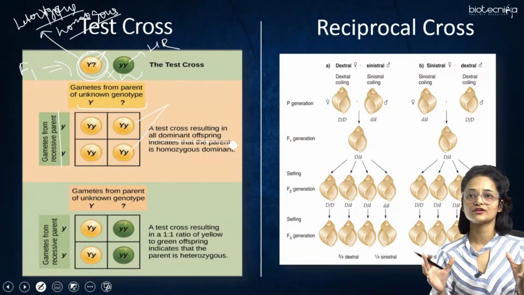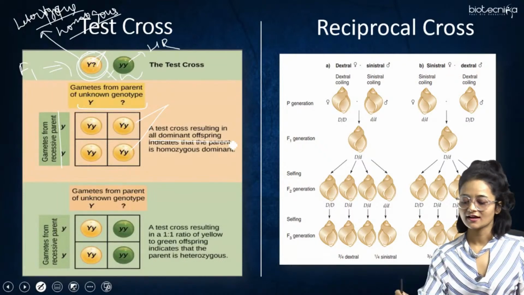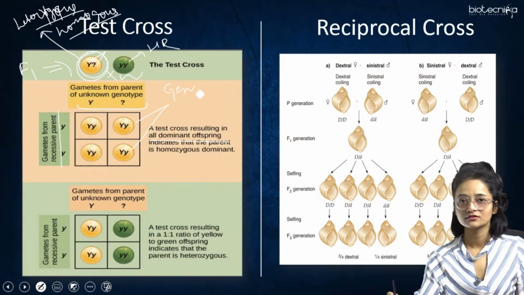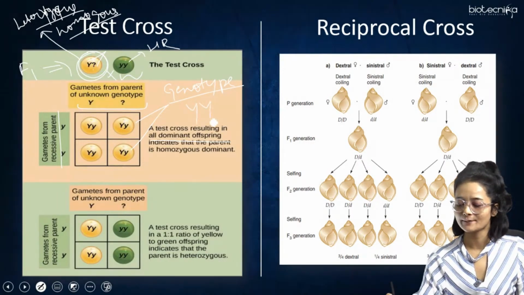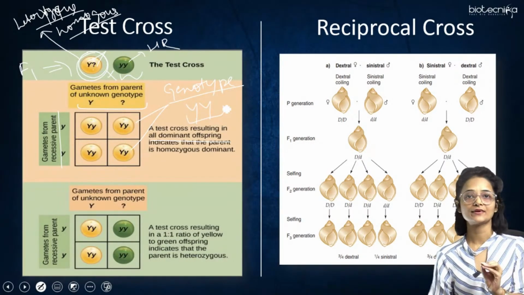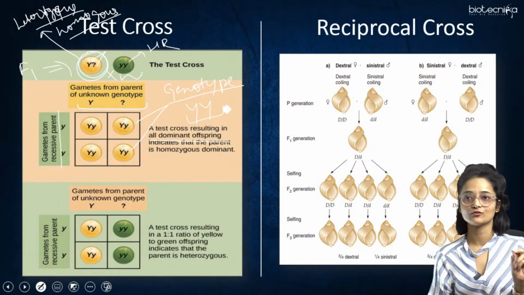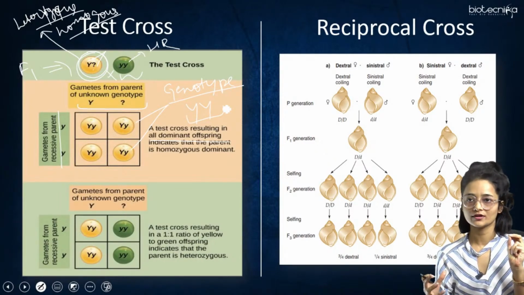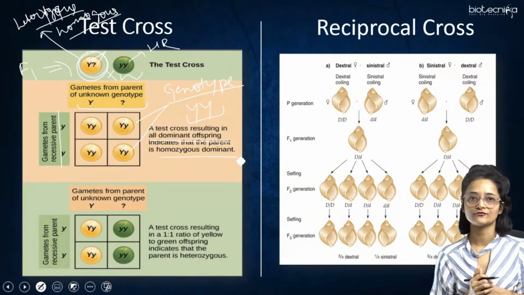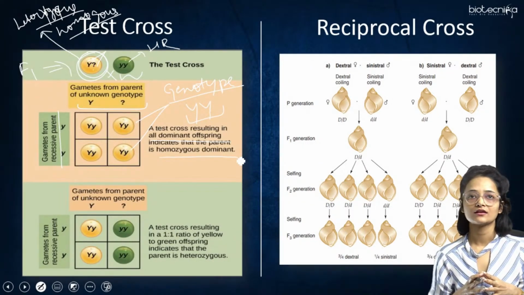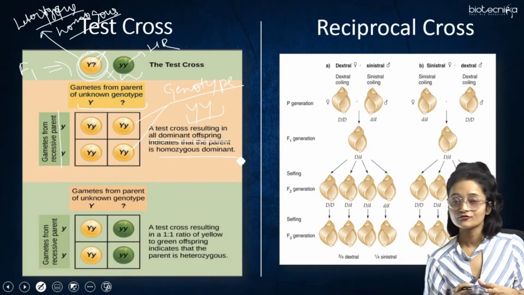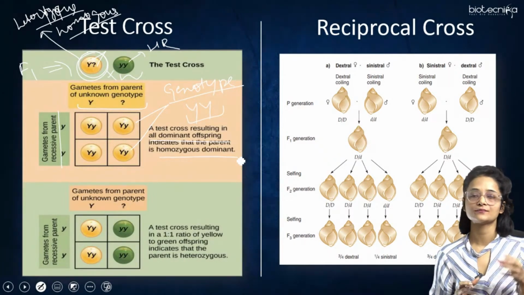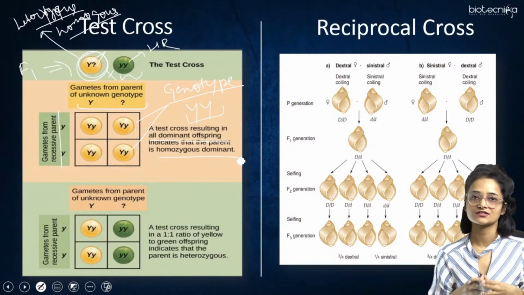All are produced in the dominant state, which means the genotype of the parent would be capital Y, capital Y. Only then can all the progeny show the dominant trait. So from this test cross result we can infer that the parent is homozygous dominant.